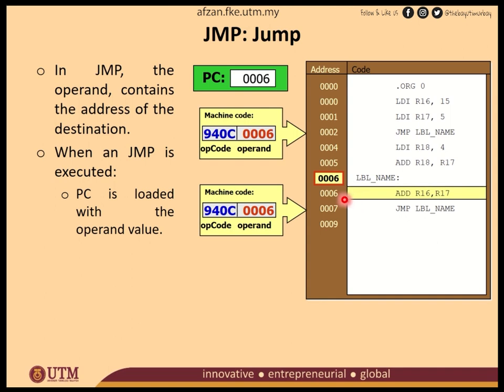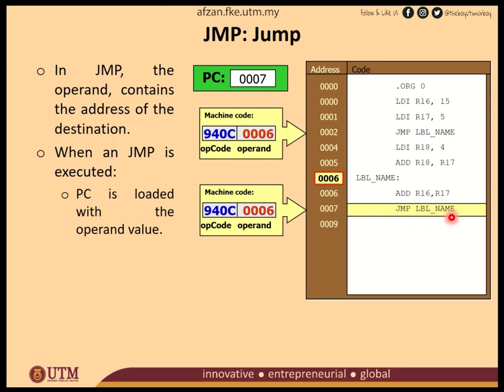Now the microprocessor knows that you are going to jump from here, address location 002, to program address location 006. So you execute this line here, and then at this line here, you have another JMP instruction with a label name.